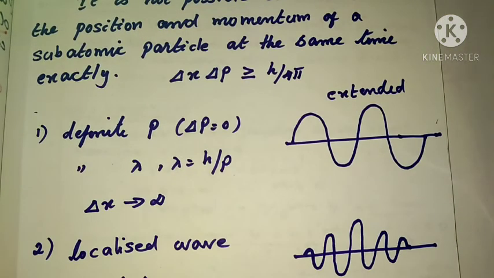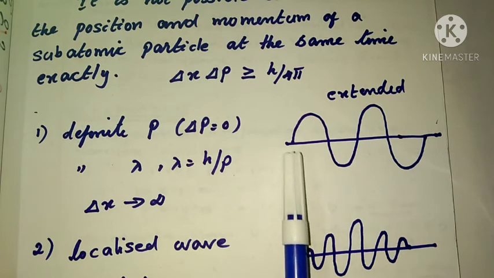Now, if an electron has a definite momentum p, that is delta p equal to 0, then by the de Broglie relation, it has a definite wavelength lambda. A wave of definite wavelength extends all over space, as shown in the figure.